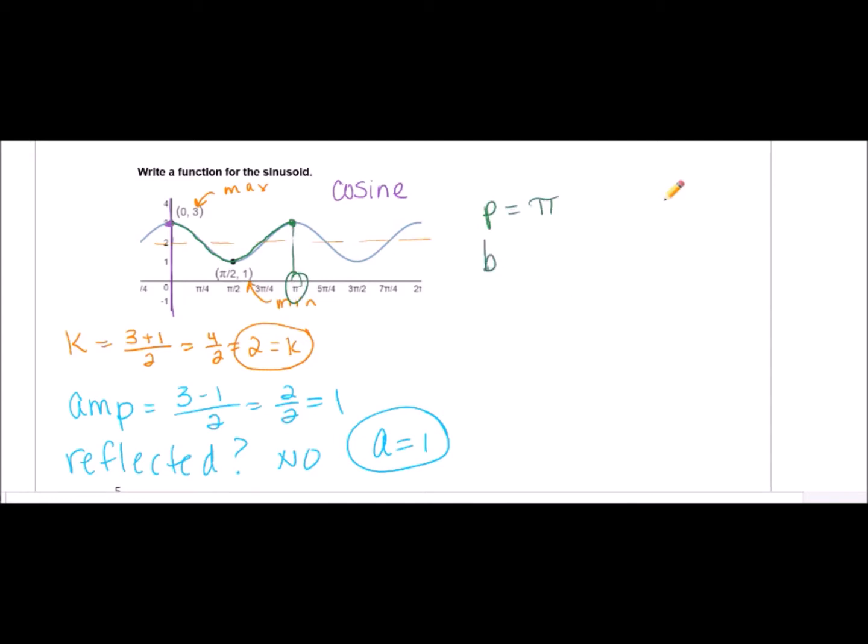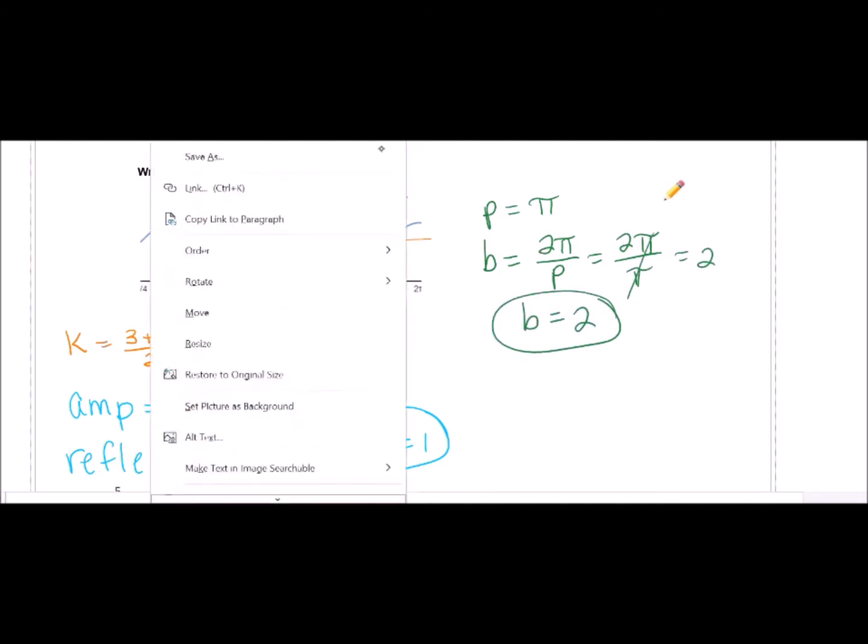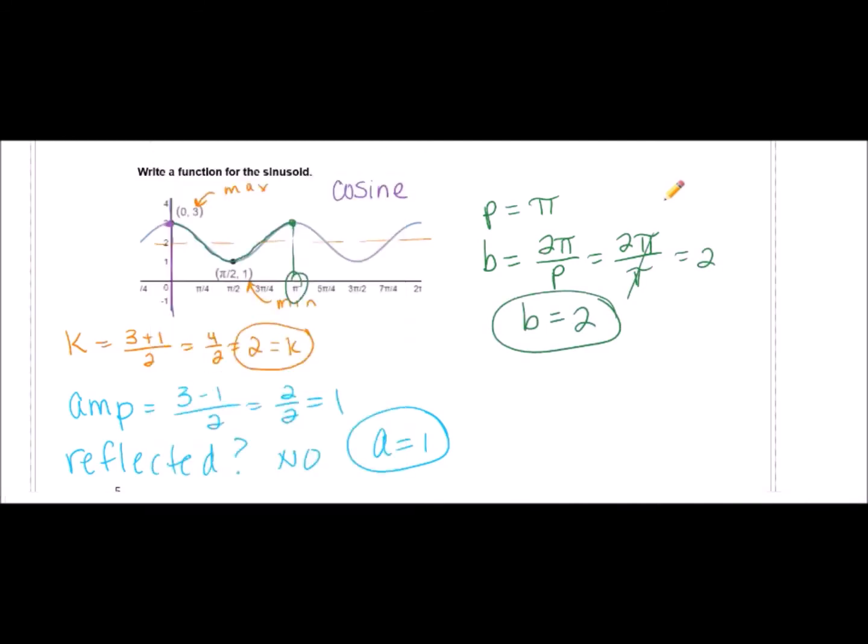We've got to solve our equation for b. 2 pi over p again. Looks like it's exactly the same. Okay, b equals 2. That means our equation is going to be y equals a, which is 1, we can leave it off, times the cosine of bx.